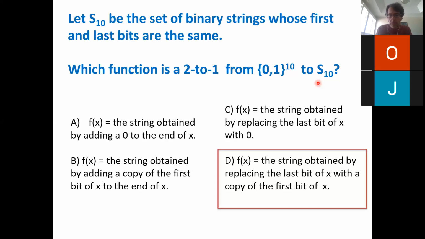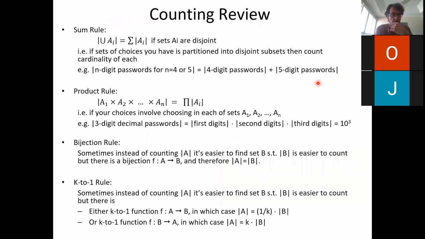Okay. So far we have the sum rule, for counting elements of sets which are unions of other sets. You have some possible choices of what you need to count, and the choices are either in A1 or in A2 or in A3, and these choices are disjoint.